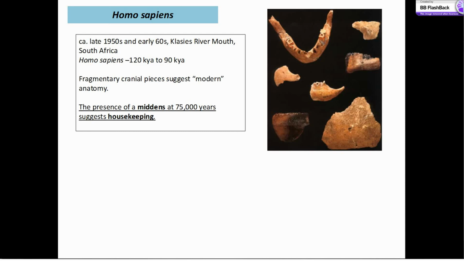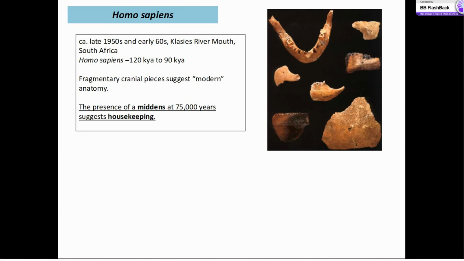It's not that bad if you just have a nice big chunk of the back of the skull, because you can measure the angles and the curvature of it, and you can kind of extrapolate what the rest of the skull would have looked like using information from other skulls. And so, about 120,000 years ago, we've got quote unquote modern anatomy, contemporary looking Homo sapiens hanging out in South Africa. Even more interesting to me is that they had a midden in their cave.